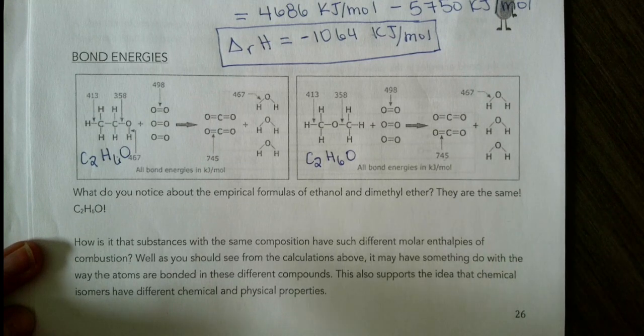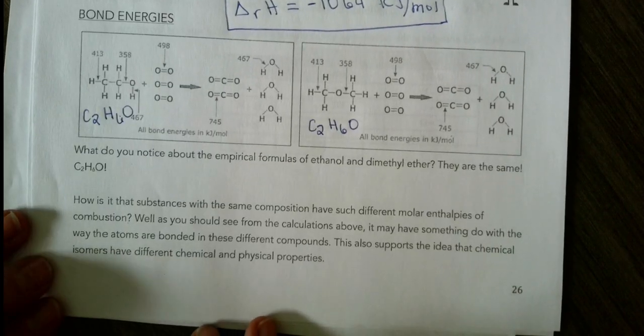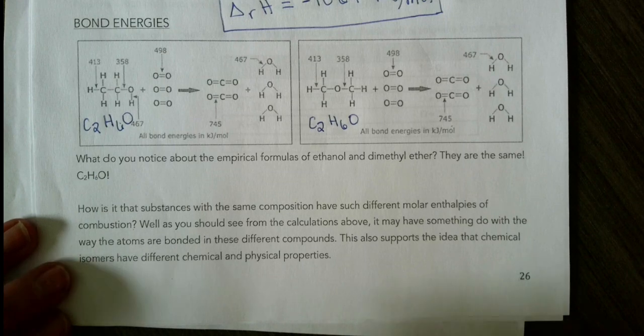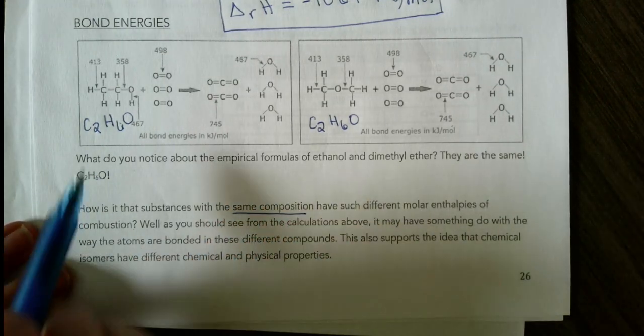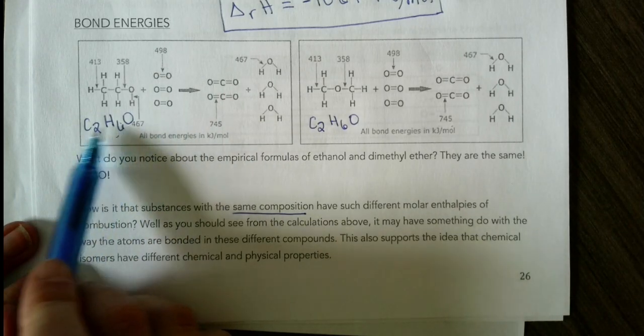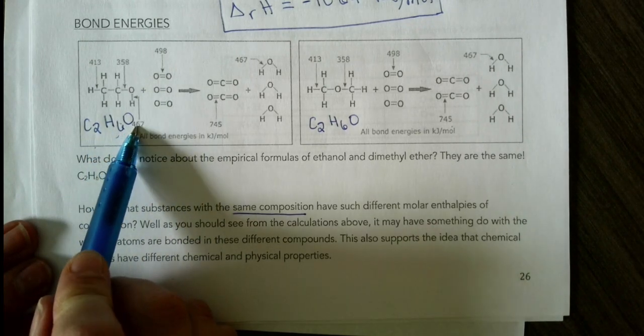Do you ever get tested on this? No. But it just reinforces the fact that chemical isomers can have the same composition. 2 carbon, 6 hydrogen, 1 oxygen.